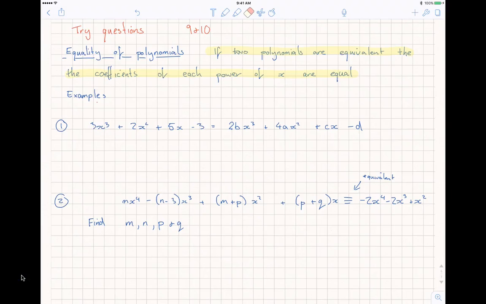Okay, so quickly to finish this exercise off, if 2 polynomials are equivalent, so equivalent means equal, then the coefficients of each power of x are also equal.